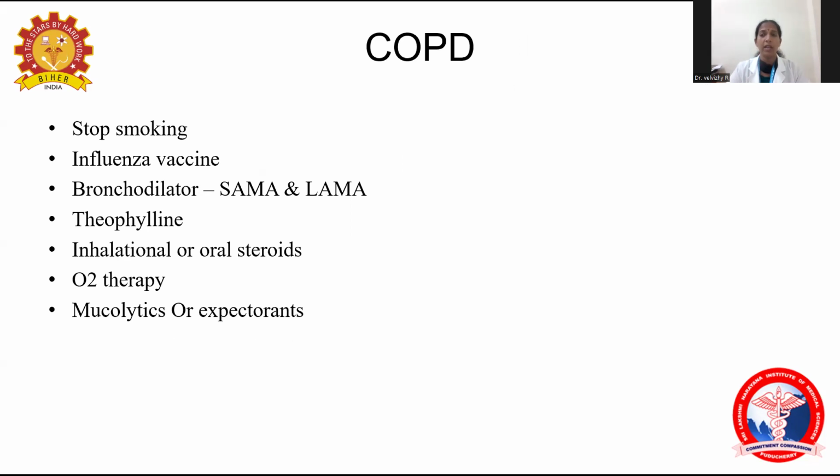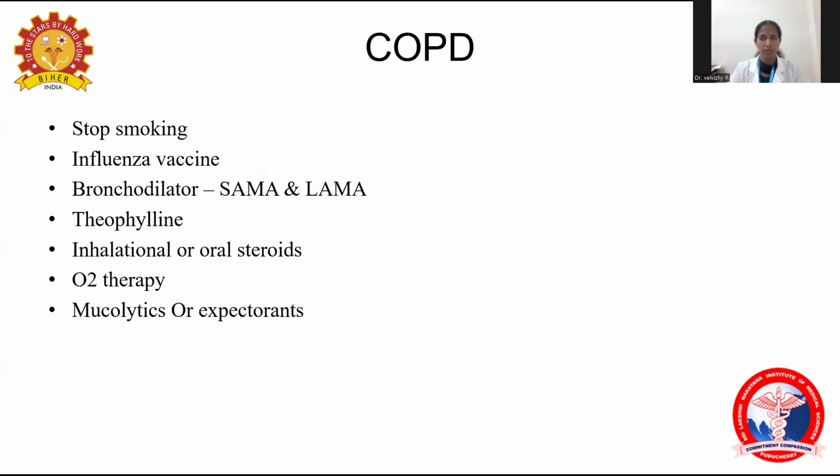Then they should get the influenza vaccine every year to prevent influenza. And here, short-acting or long-acting muscarinic antagonists are preferred compared to beta-2 agonists. So in bronchial asthma, beta-2 agonist is the more preferred drug, whereas in COPD, muscarinic antagonists, that is anticholinergics, are the more preferred bronchodilators.